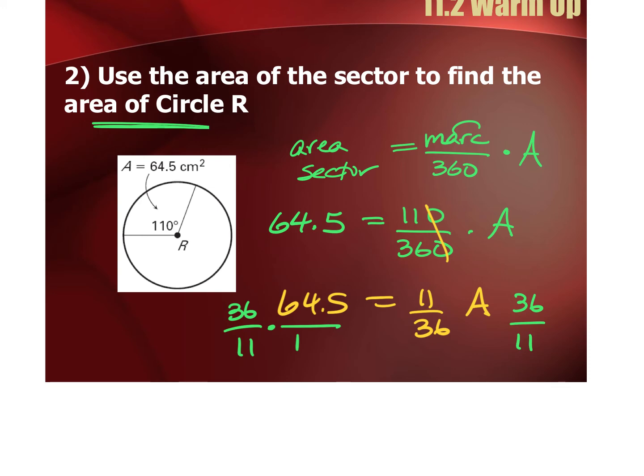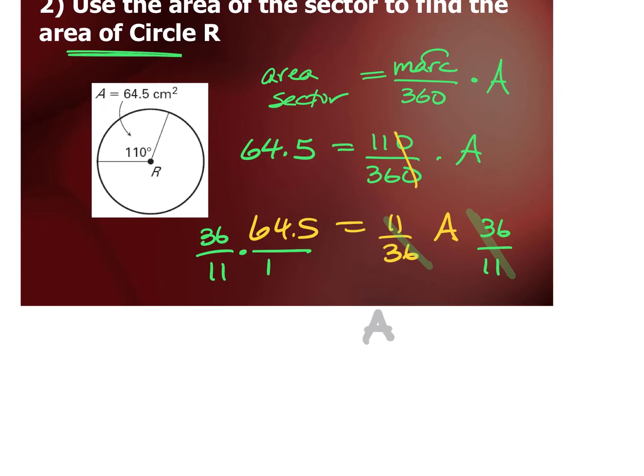So this will cancel, and then I'm just left with A, and I'm going to leave it as a simplified fraction. A is equal to 2,322 over 11. And it was an area, so centimeters squared.